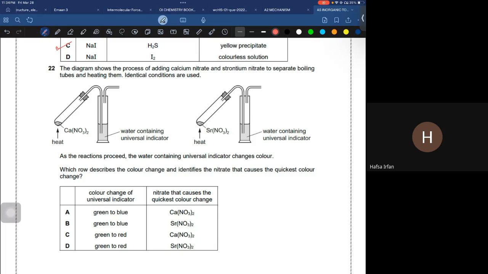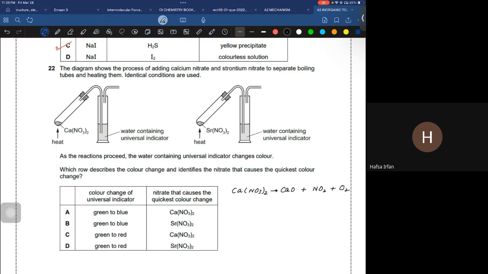Which row describes the color change and identifies the nitrate that causes the quickest color change? तो पहले तो मैं आपको ये बता दूं कि whether you have calcium nitrate, magnesium or strontium nitrate, when the nitrate decomposes, they give you calcium oxide, NO2 and O2. These are the products.